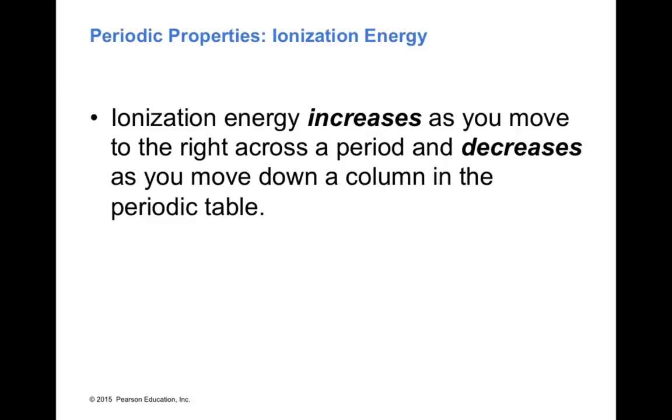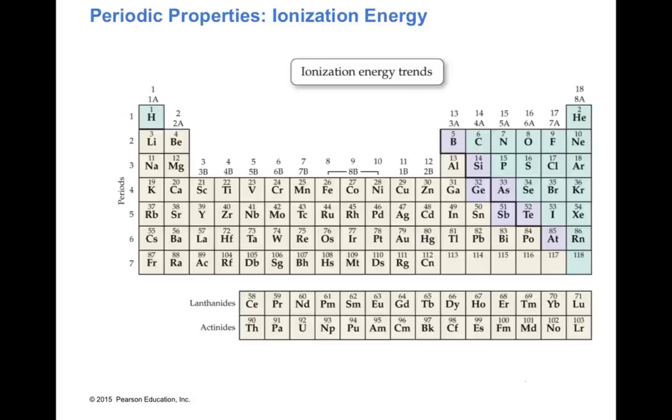That's why the energy of ionization increases, because the energy of ionization is the energy required to remove an electron. And it will decrease going down because when you go down the periodic table, the atom is larger, so the electron is farther from the nucleus, so it's going to be easier. So for the ones at the top, you're going to need more energy than for the ones at the bottom. So here the ionization energy increases to the right.